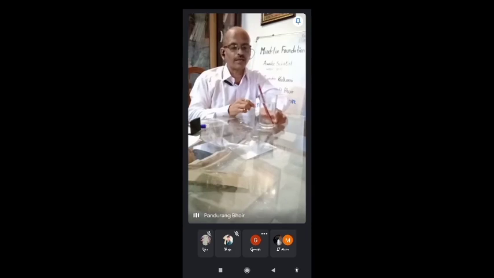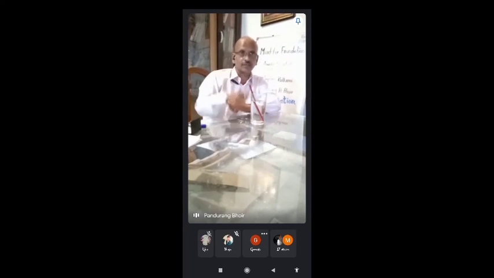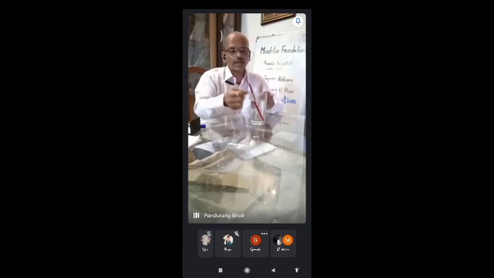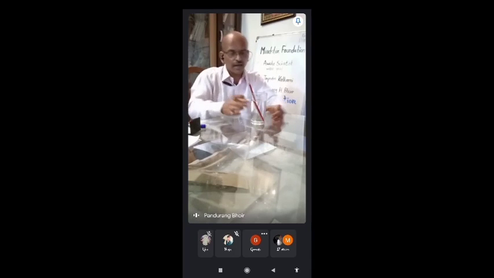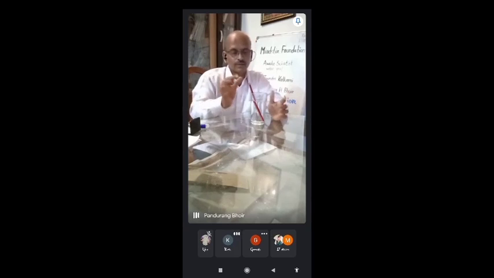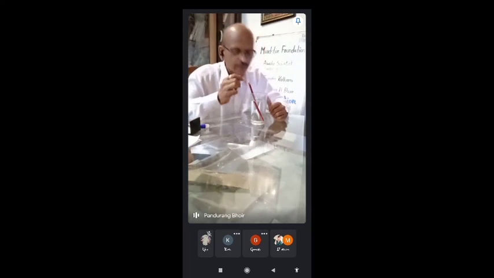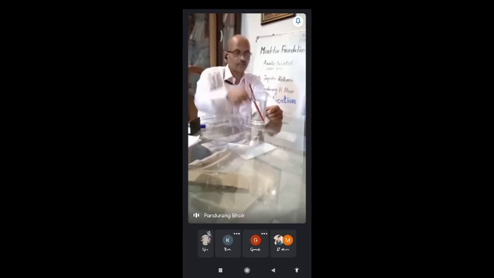Is this pencil straight or crooked? I put a straight pencil in this water. If you look at the pencil from upside, you will see it straight. Now if you look at the front, it will look slanted and it will look thick. This is called refraction of light.